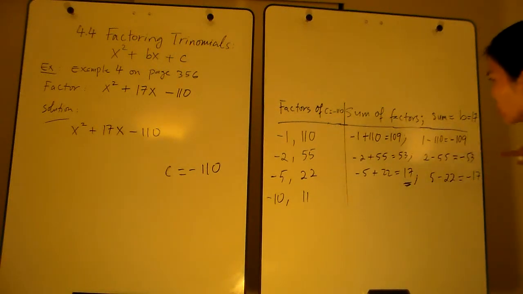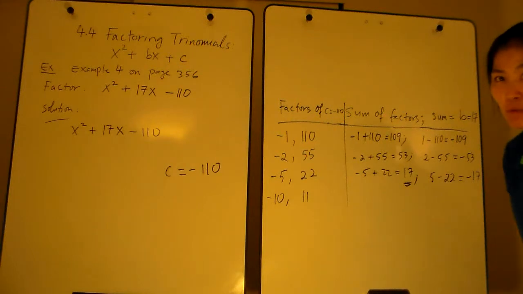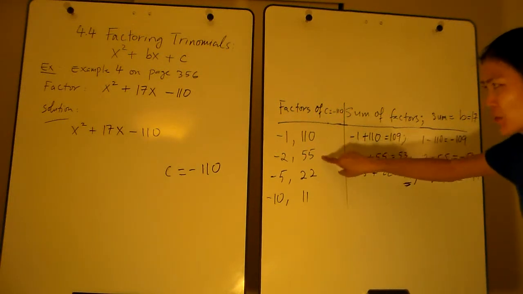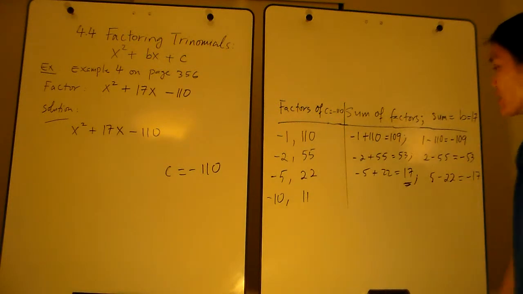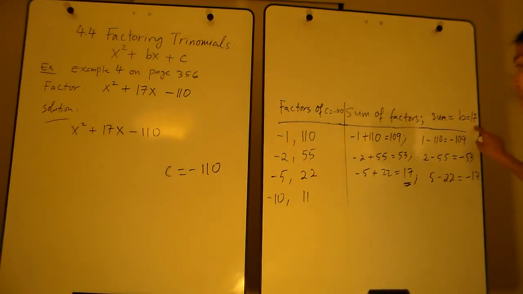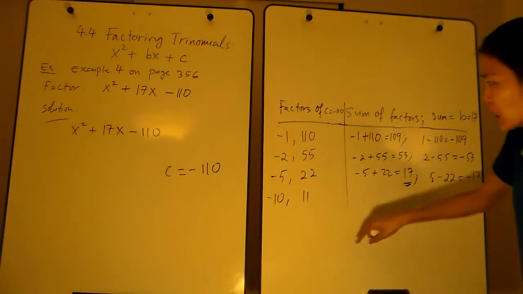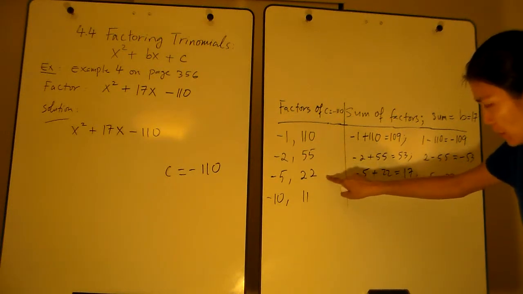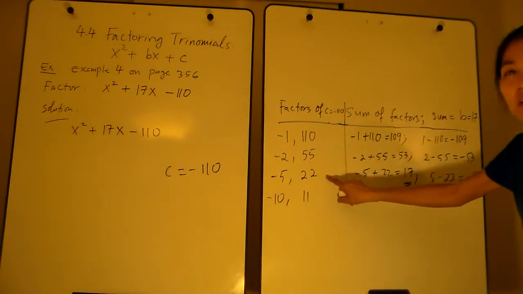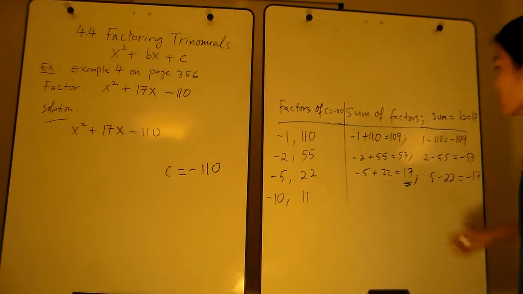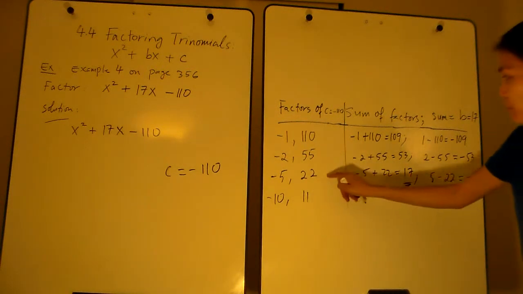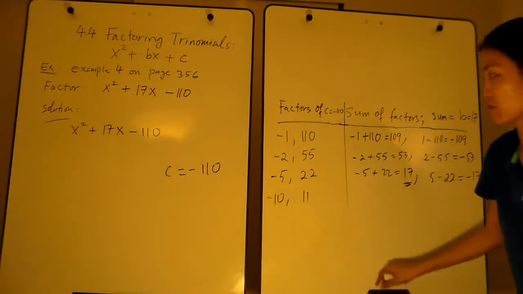So you don't need to do all this work. I just want to show you how you would do it. Same thing here. The sum of negative 2 and 55, no way you would get 17. So more likely this one, and it is, when negative 5 plus 22 is 17. So you know that these are the two factors.